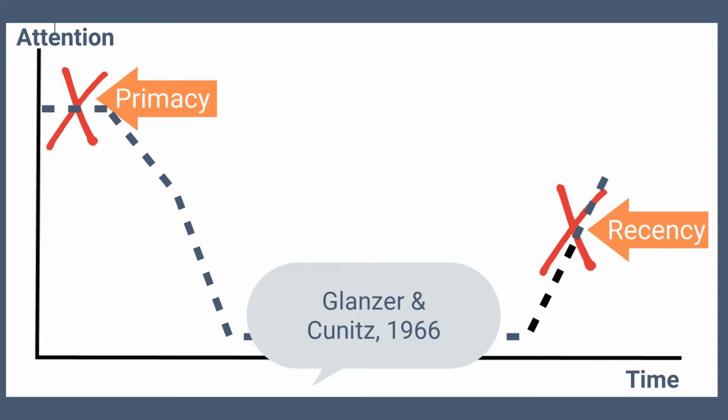And recency says that we tend to pay attention to, listen to, and remember the last things that we hear in communication. So the attention listening curve is a good example of this. We've got primacy and we've got recency. And presenters should pay attention to this.